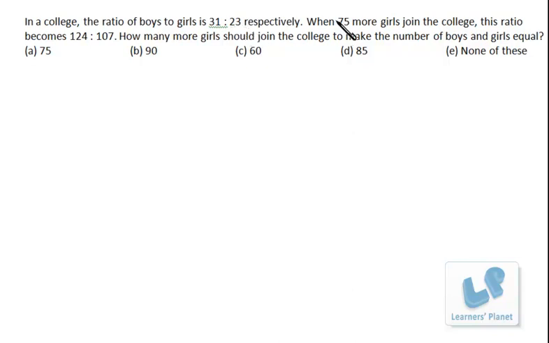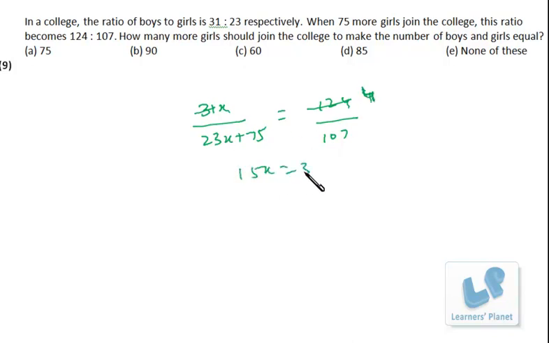Now if I'm adding 75 to this 23x, I'll be getting this ratio. So it's 31x upon 23x plus 75 is 124 by 107. Okay, so 107x minus 92x, that is 15x is 300, so x is 20.